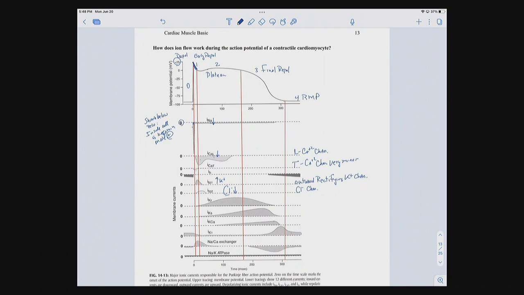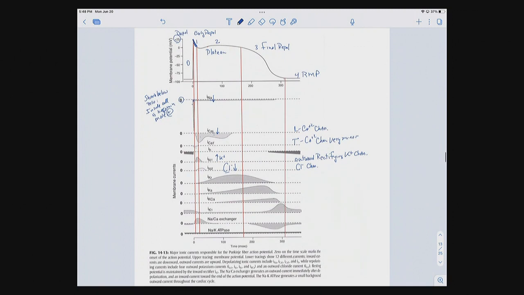Another player that's involved is the sodium-calcium exchanger. And we've seen this before. This is my NCX. And this is a simple exchanger, so it's not directly involving ATP or anything. It's just basically two opposite directions. So I'm going to have an exchanger that could go this way. So it could be pulling a calcium in, but it's going to be kicking out 3 sodiums.